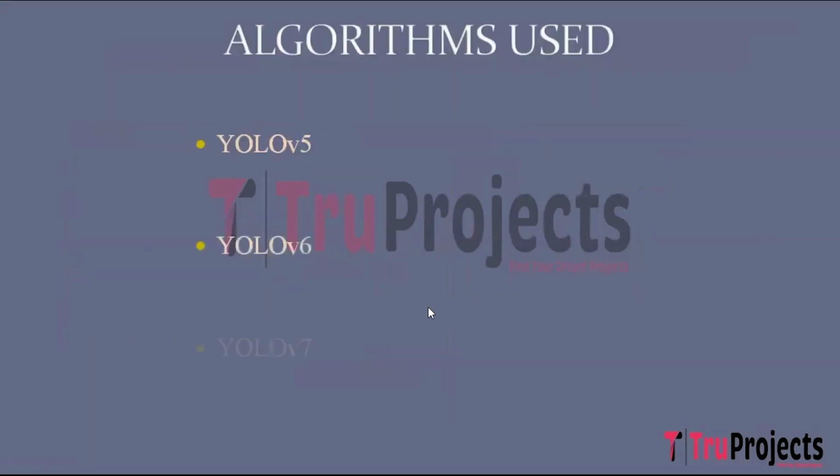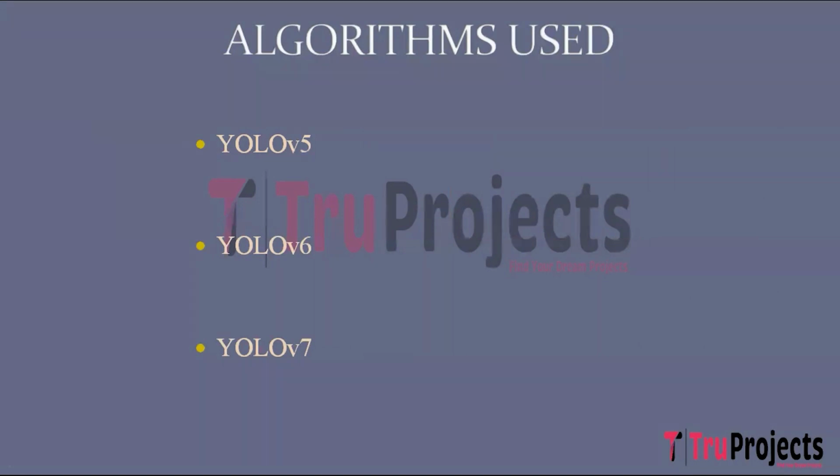Now we'll understand about the algorithms built in brief. So YOLO, that is You Only Look Once, is a computer vision object detection algorithm that quickly identifies objects in images by splitting the input image into a grid and simultaneously predicting bounding boxes and class probabilities. Unlike traditional methods, YOLO processes the image just once, making it extremely fast.